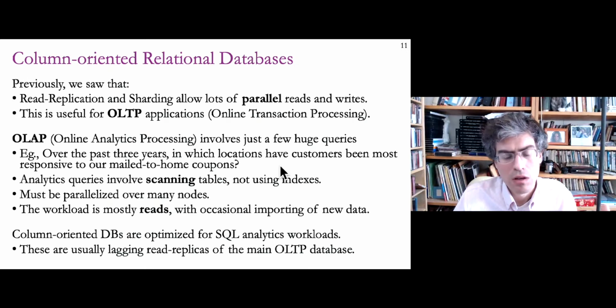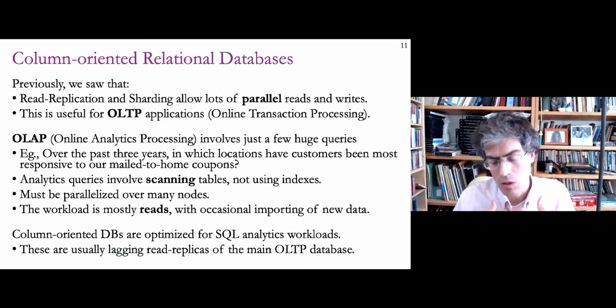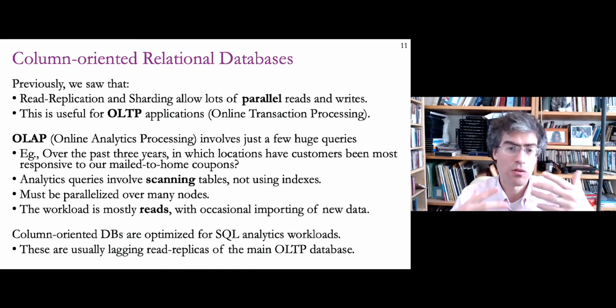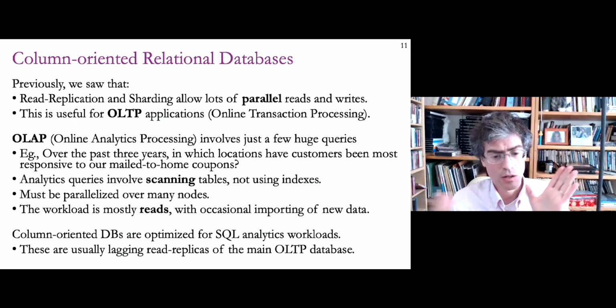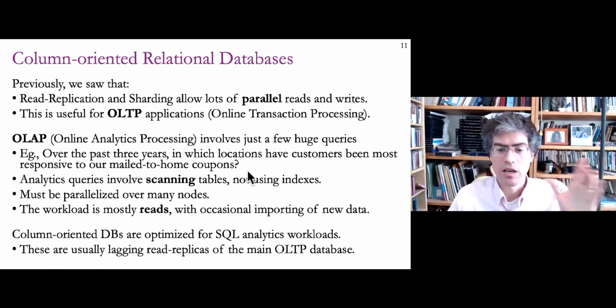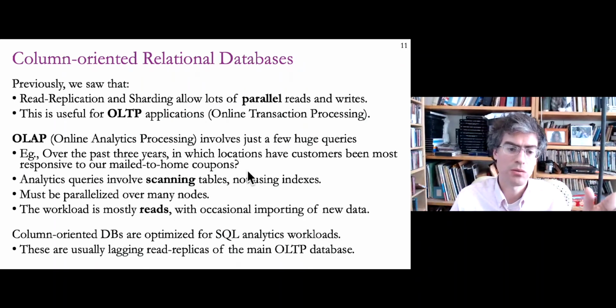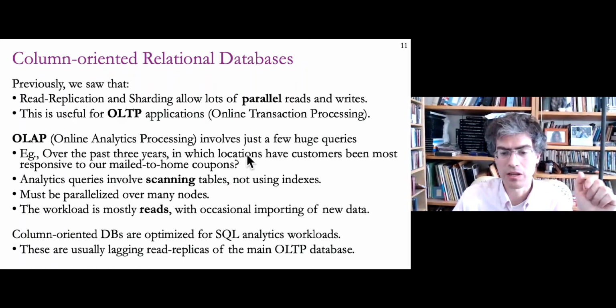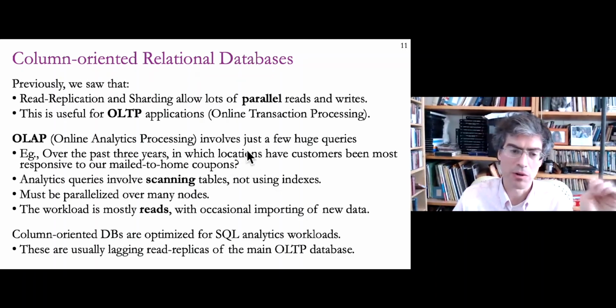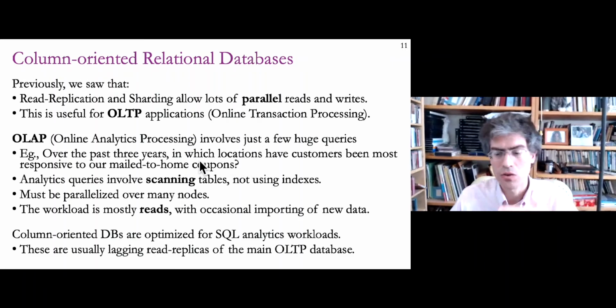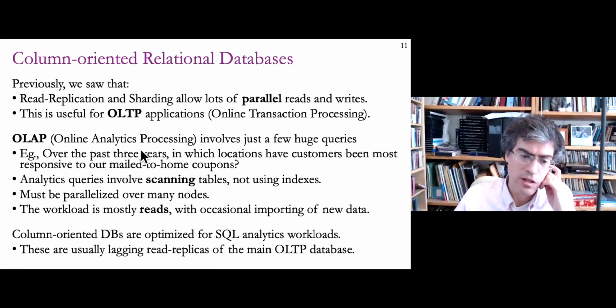This would involve a query that goes through all the purchases over 3 years for this national chain, and all the coupon mailings, and does a correlation between the two, grouping and sorting by location to figure out where the correlation is best. So it's a pretty complicated thing. It has to go through all of the purchases and lots of other data in the whole data set.